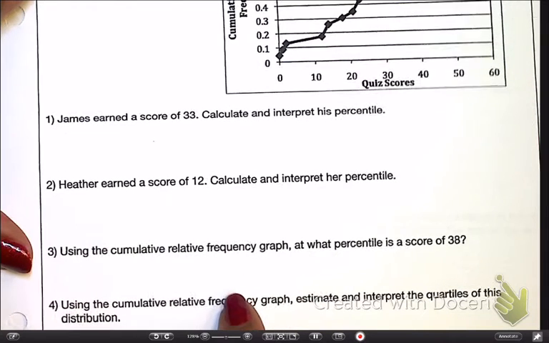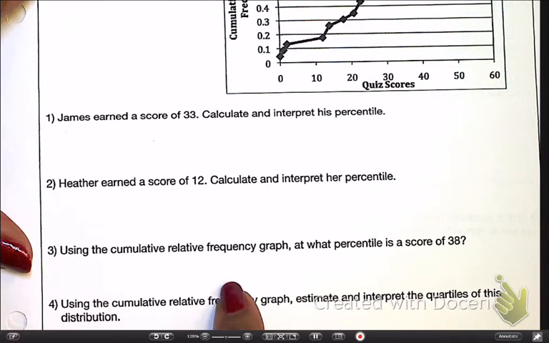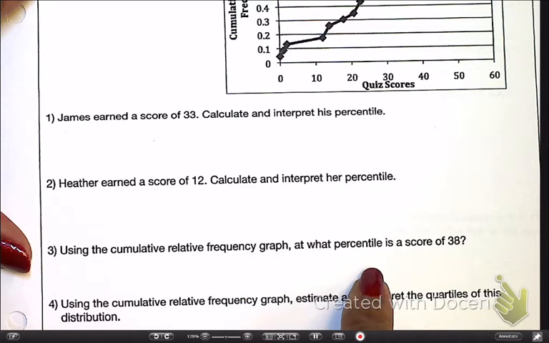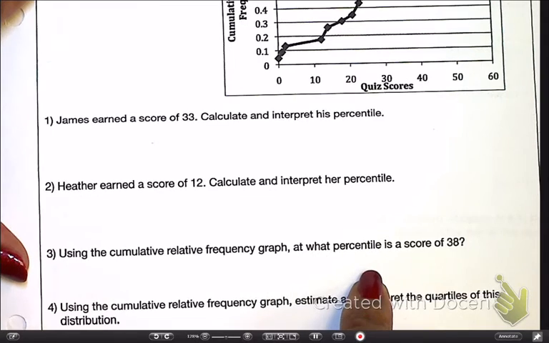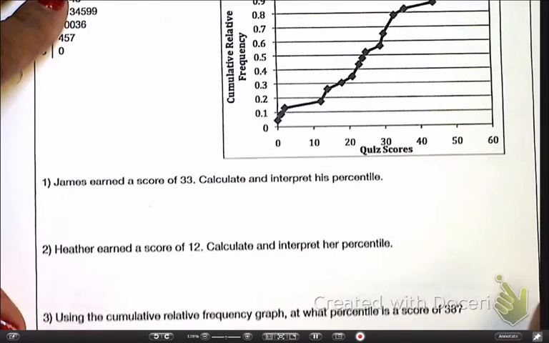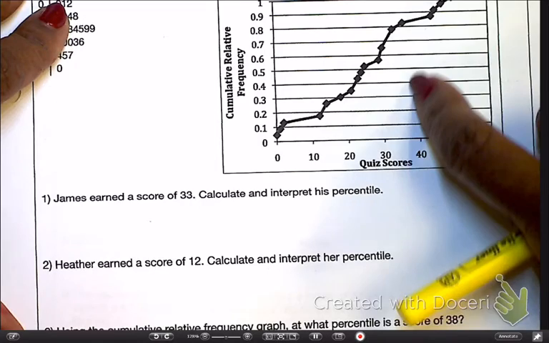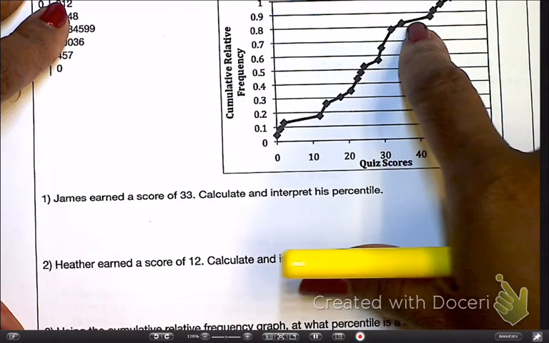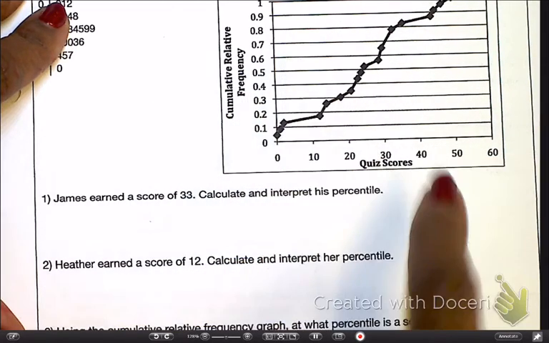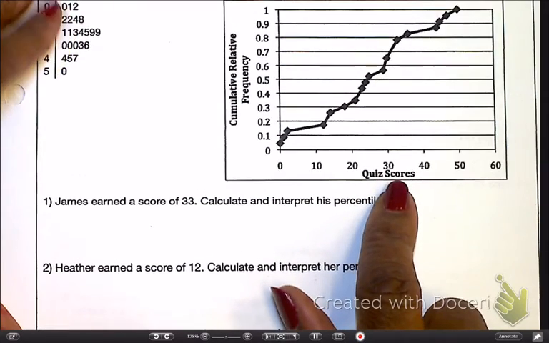Okay, problem 3 here, using the cumulative frequency, using the Ogive, given the percentage. So we need to find a score of 38, and as we find a score of 38, this is about here, and then we're going to slide over so we can see that this person's at the 80th percentile.